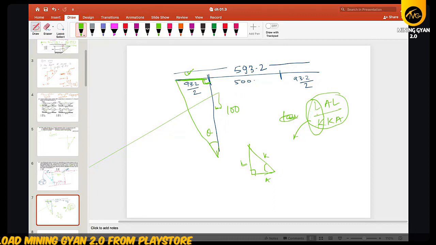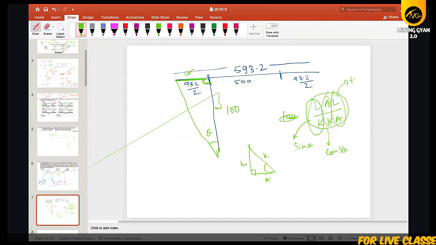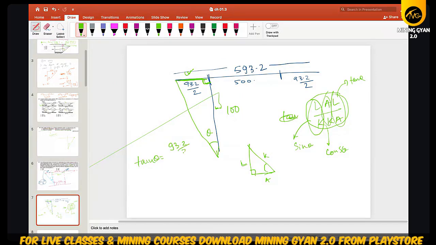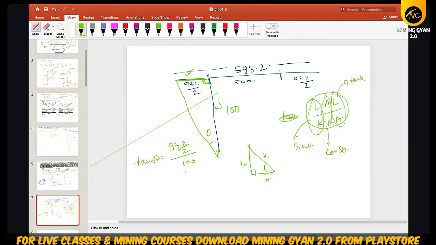So this will be sin theta, this will be cos theta, and this will be tan theta. So here we are using tan theta equal to 93.2 by 2 divided by 100. So tan theta equals 93.2 by 200.